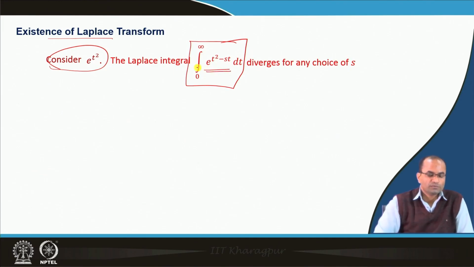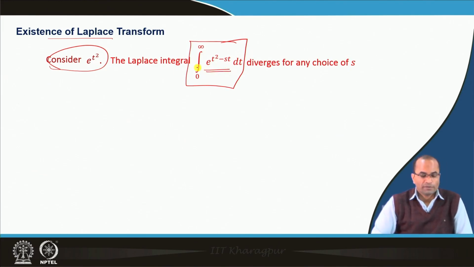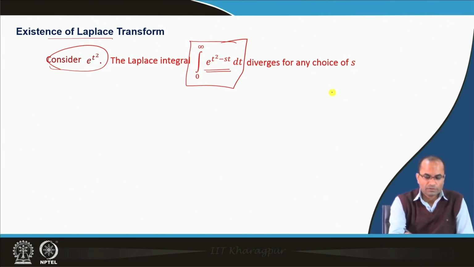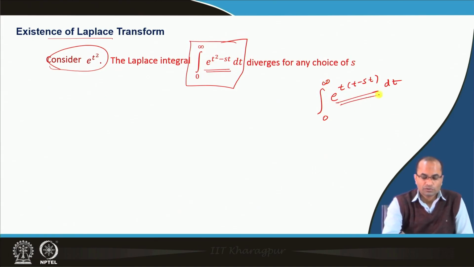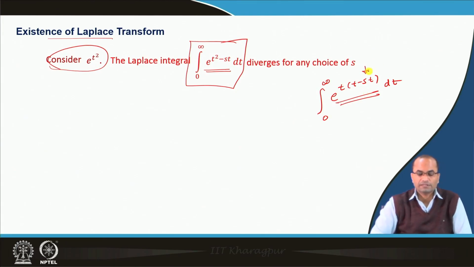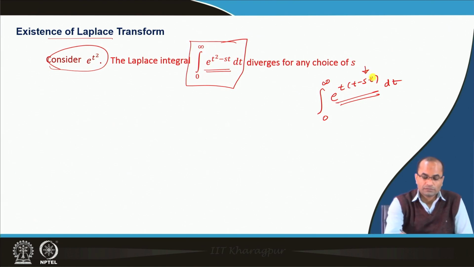We are trying to compute this Laplace integral, but what is happening in this case, because the exponent here is like t square minus s t, and this integral is over 0 to infinity. So, this integral does not converge for any choice of s, however large an s we take here. Whatever value of s we choose, this will never converge.